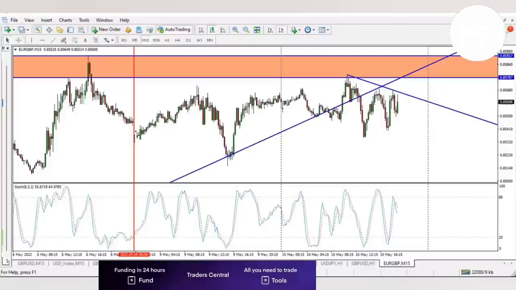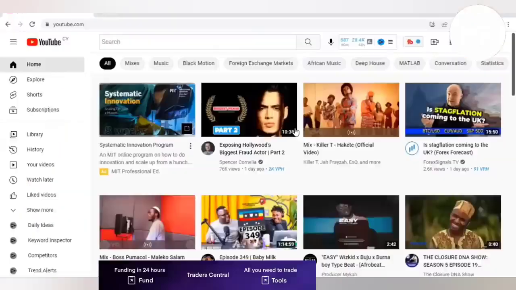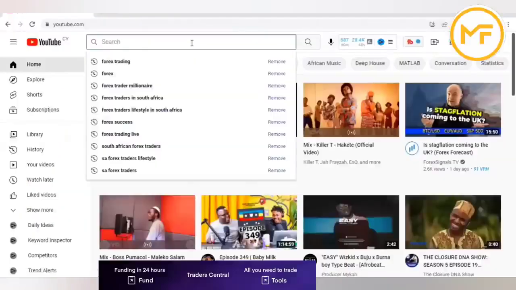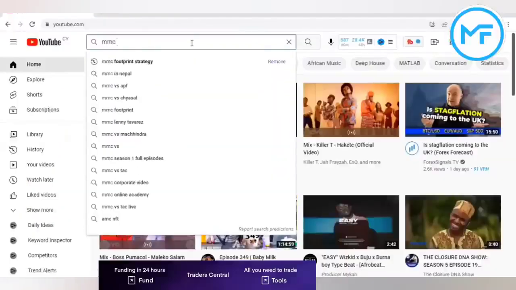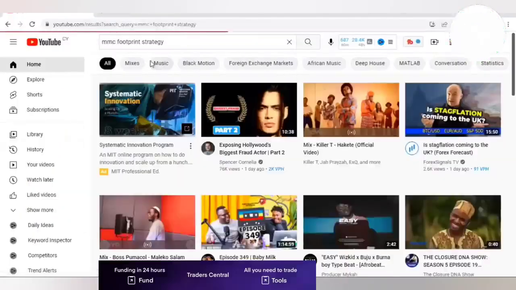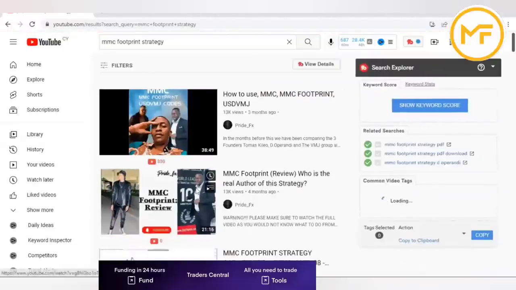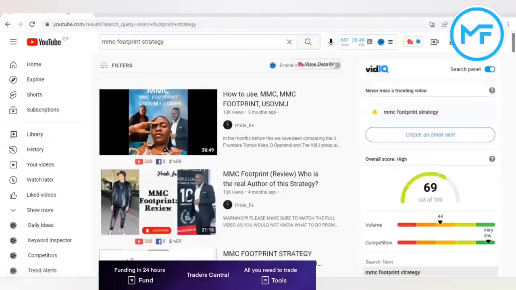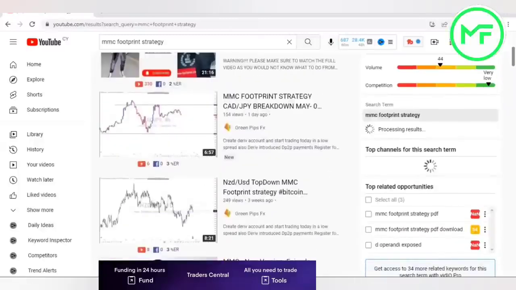And also, as I said, do your research. Go on YouTube, search MMC footprint strategy, right? There are a lot of strategies, a lot to be explained there. Here you can see this one, right there.